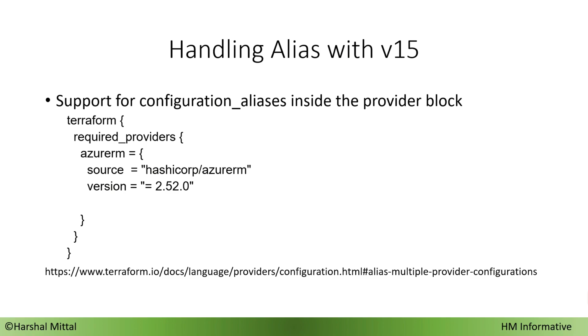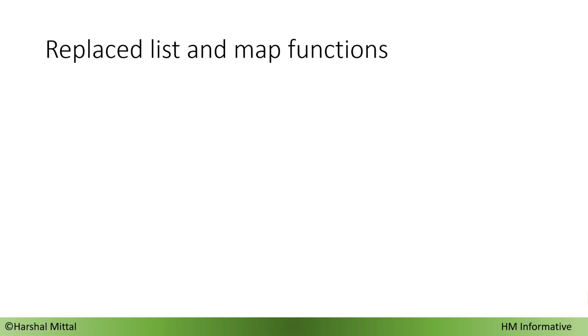In order to declare the configuration aliases, add the desired names to the configuration_aliases argument in the provider requirements. So this is how you can declare the aliases inside required providers. This is an optional new field introduced in Terraform version 15. There are more details; you can go through this link to see how we can use the aliases. I will show you in the lab.